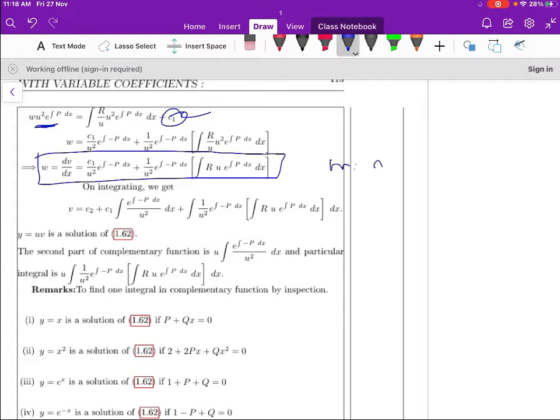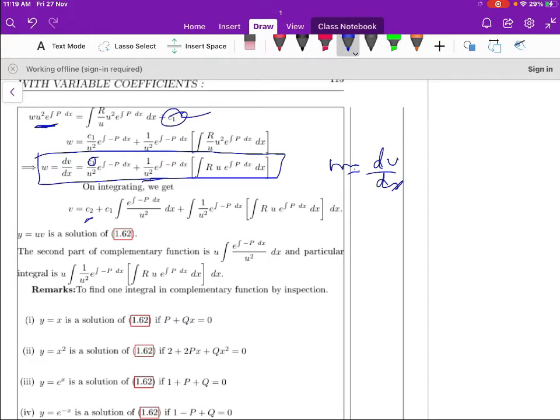But w is equal to dv by dx. So we take in place of w, that is dv by dx, and again integrating with respect to x, we will get v, nothing but integration of dv, then dx comes to the RHS here, and c2 is the integration constant. c1 is a constant, keep it outside: c1 into integral of e to the power of integral of minus p dx by u square dx, plus integral of 1 by u square e to the power of minus integral of p dx into integral of r into u e to the power of integral of p dx into dx, and whole dx.